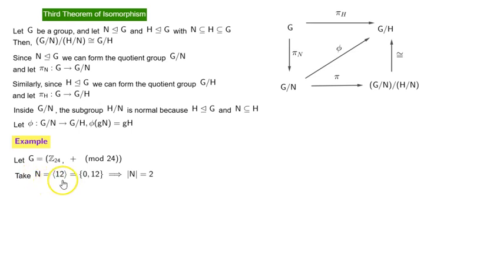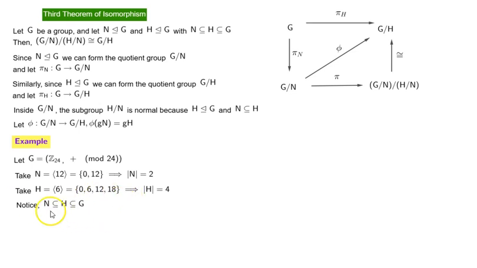So N equals the subgroup generated by 12, which gives 0 and 12, which implies that the order of N is equal to 2. Again, H also has to be a normal subgroup, and since it is a cyclic group, no issues, we can choose any. So here we are taking H equal to the subgroup generated by 6, which gives us 0, 6, 12, and 18. So the order of H is equal to 4.